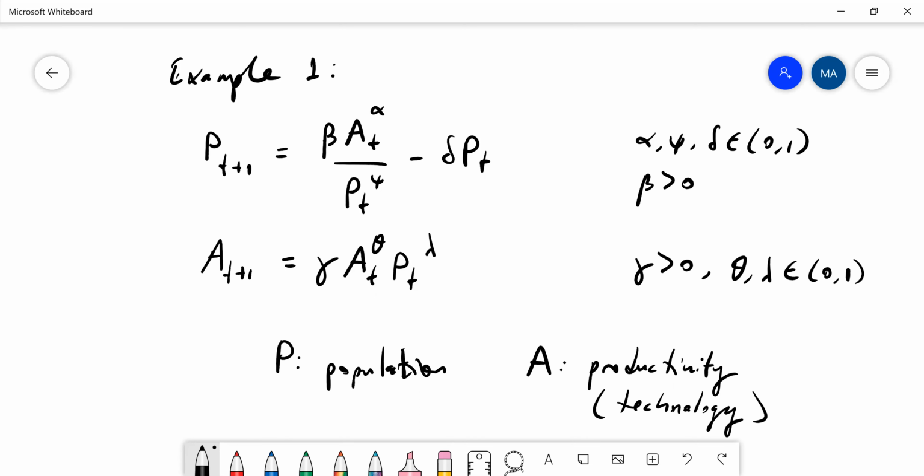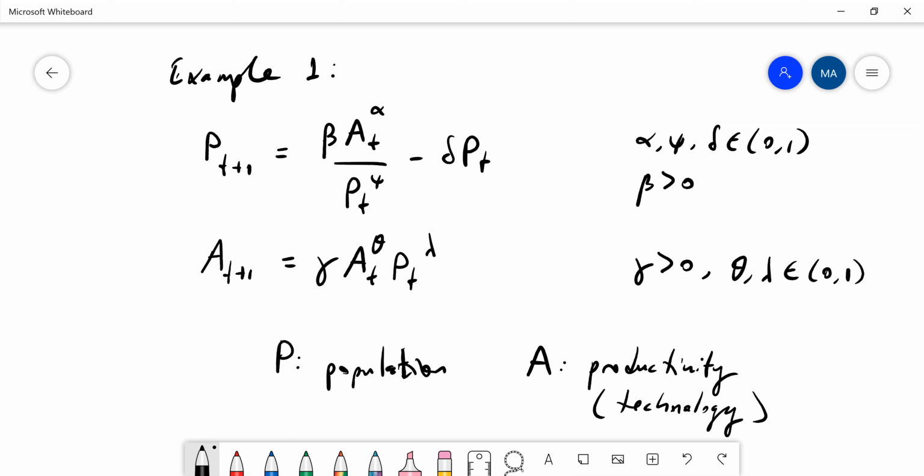Because in the production process, there's diminishing returns with respect to labor, so land is in fixed supply. So if you increase the number of people working in the field, you increase total production, but marginal productivity decreases. So living standards depend positively on productivity, but negatively on population. And then fertility or population growth depends positively on living standards. So that's the movement of population.